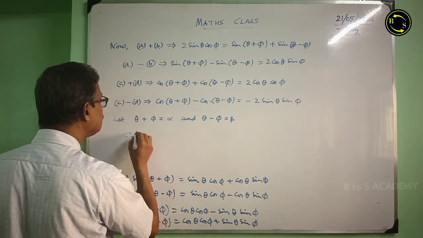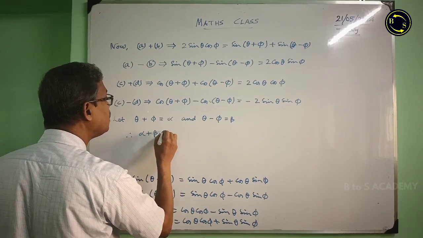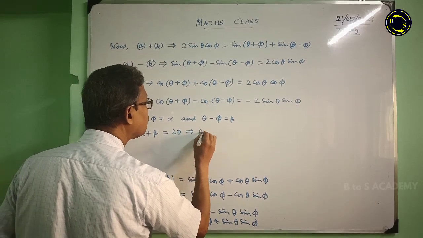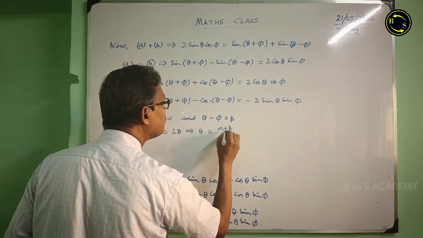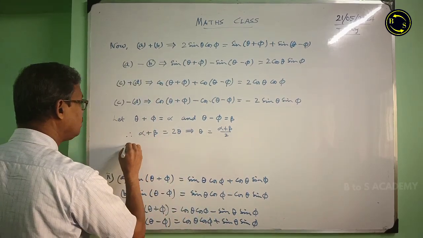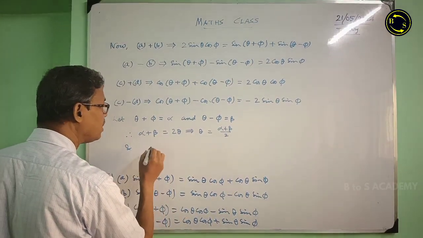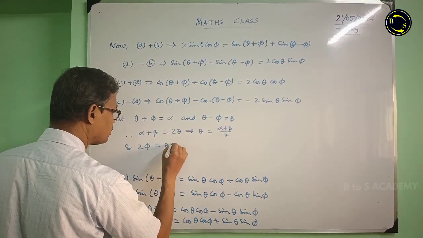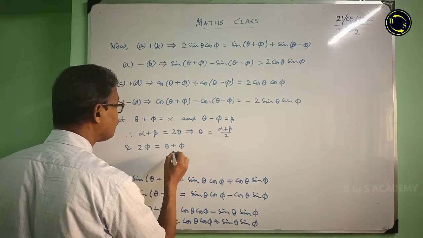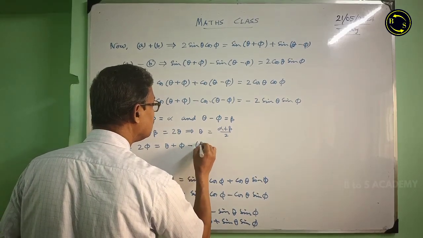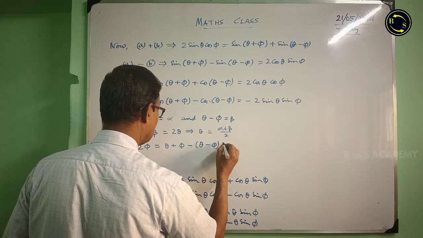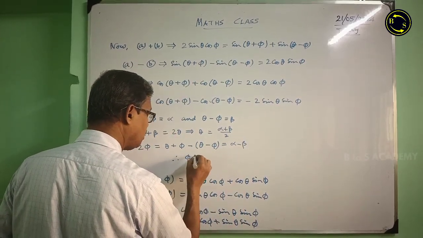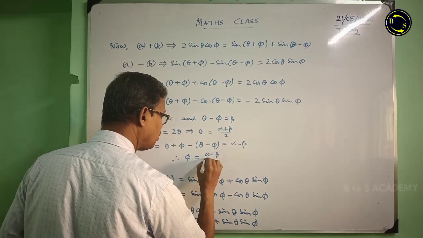Therefore, if we add these two, we get alpha plus beta is equal to 2 theta, from which theta equal to alpha plus beta by 2, and similarly by subtracting we shall get 2 phi equal to theta plus phi minus theta minus phi, that is equal to alpha minus beta. Therefore, phi will be equal to alpha minus beta by 2.